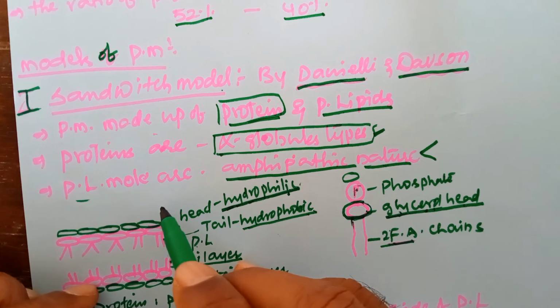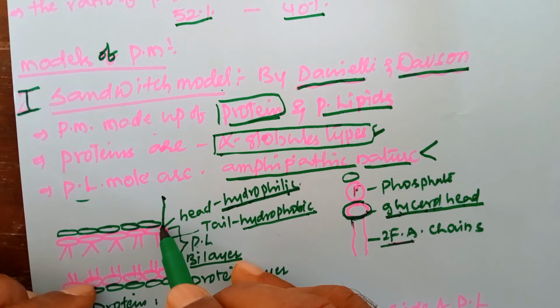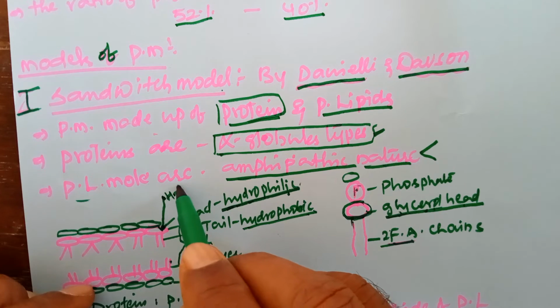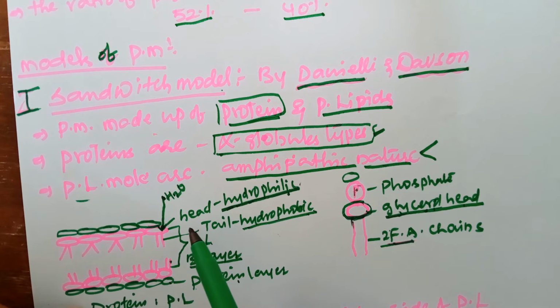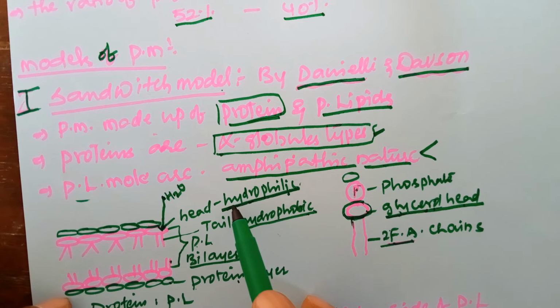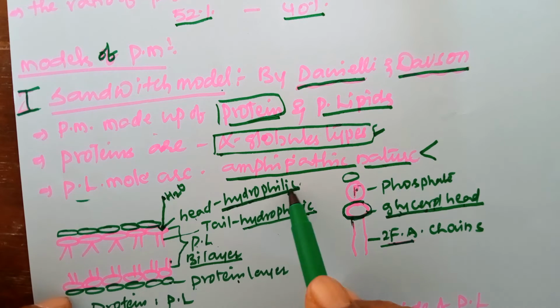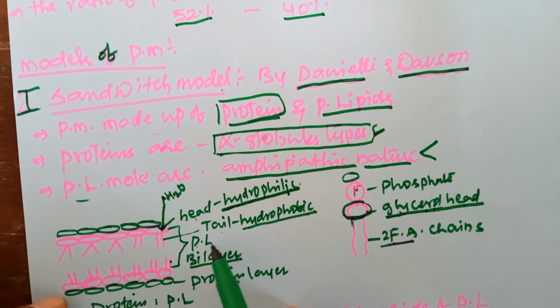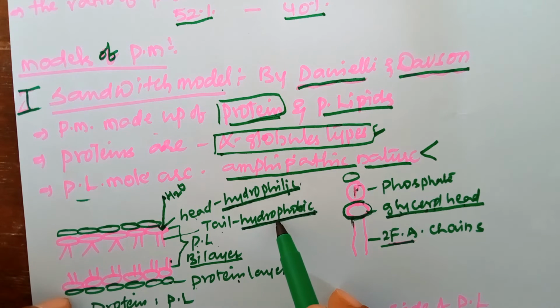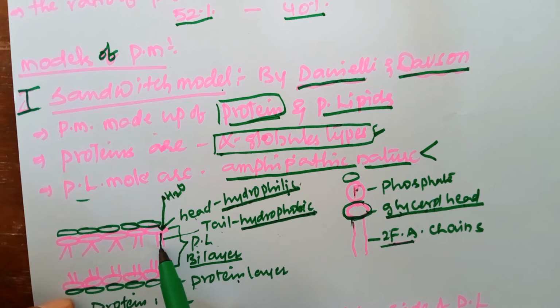It means it can transport water easily, it permits water through, so the head of the phospholipid is hydrophilic and the tail of the phospholipid bilayer is hydrophobic. Hydrophobic means water hating molecule. So water cannot be transported through the tail of the phospholipid.